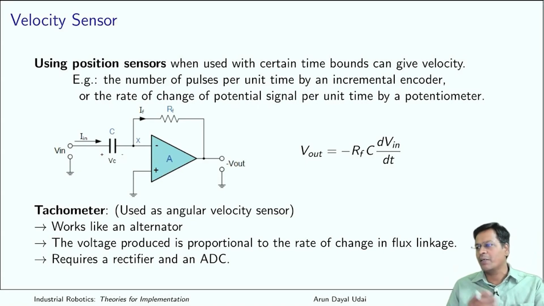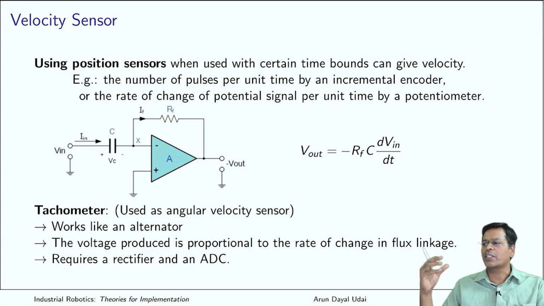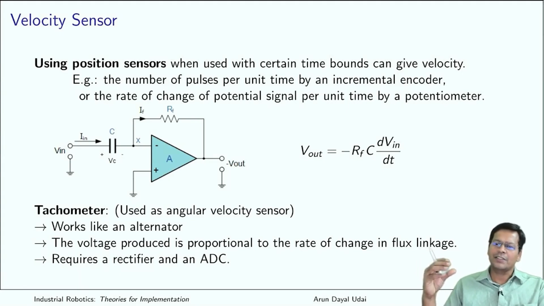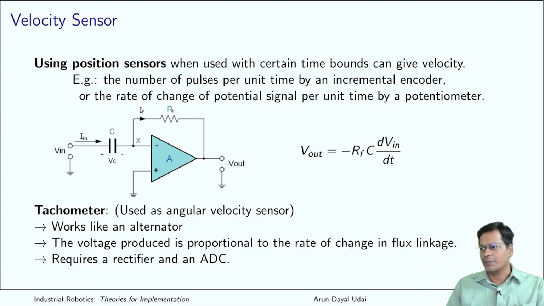But it may be an AC voltage, which is alternating in nature, so you may require an AC to DC filter, and then you can use that filtered voltage to measure your input shaft velocity. Got it? The voltage is proportional to the rate of change of flux linkage.